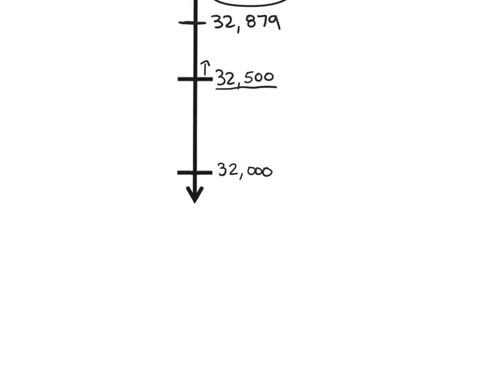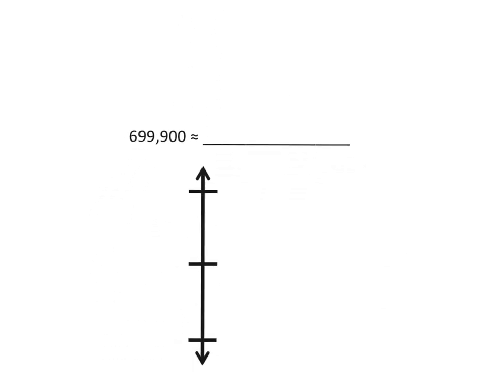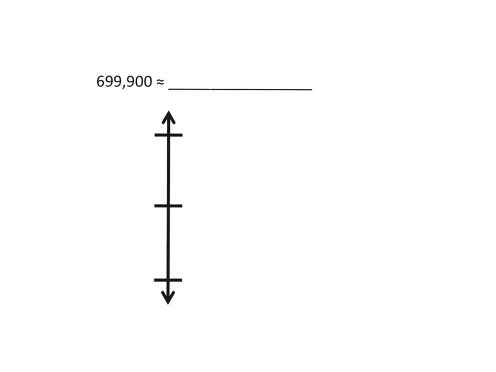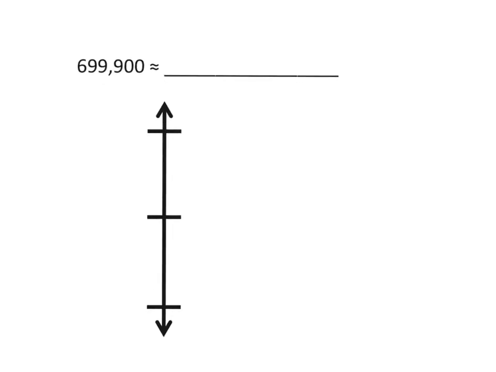Let's move on to one more example here, and this time we're going to be rounding using a 6-digit number. We're still rounding to the nearest thousand, and it gets even a little bit trickier with more digits in the number, but we can still follow the same process as before and get our correct answer. So I'm going to zoom in again on the thousands place, underlining it right here.